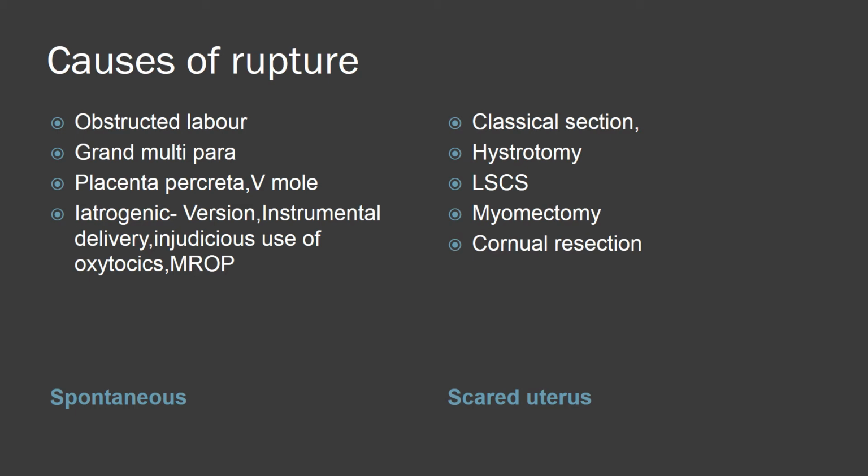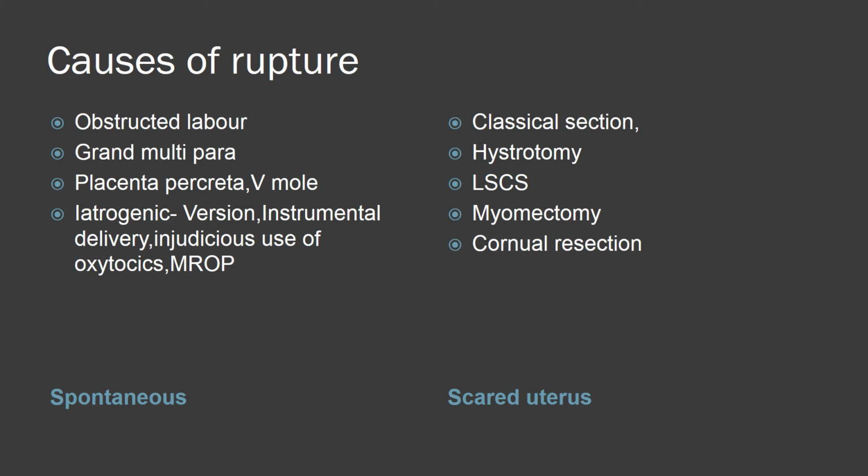The features, signs and symptoms we have already discussed. Other causes are grand multipara, where due to repeated pregnancy there can be more fibrous tissue in the myometrium, which may give way later in pregnancy due to inherent weakness of the myometrium.